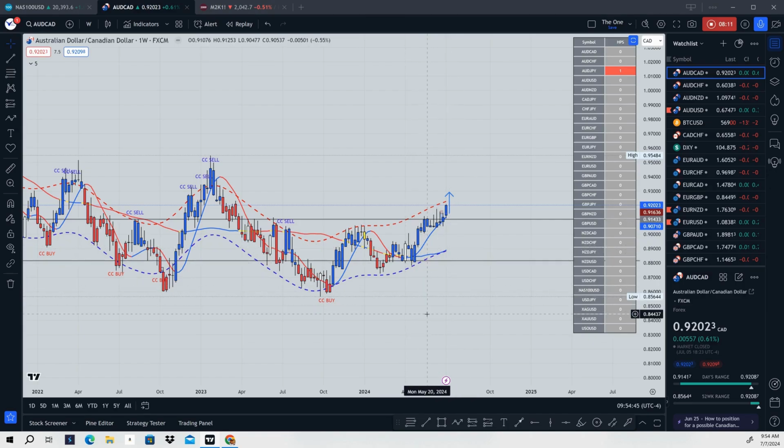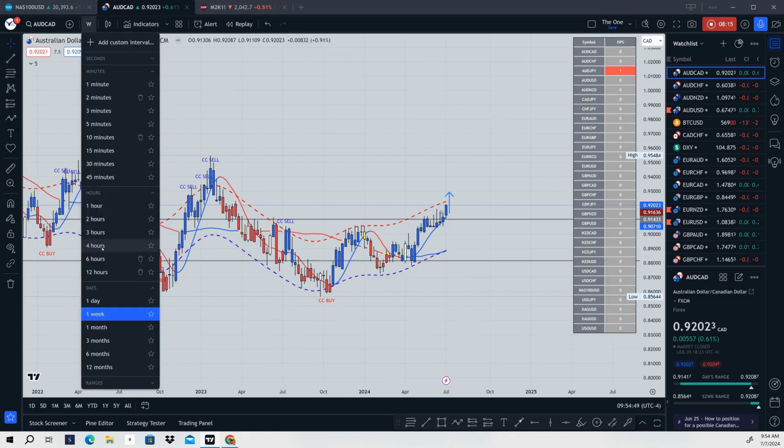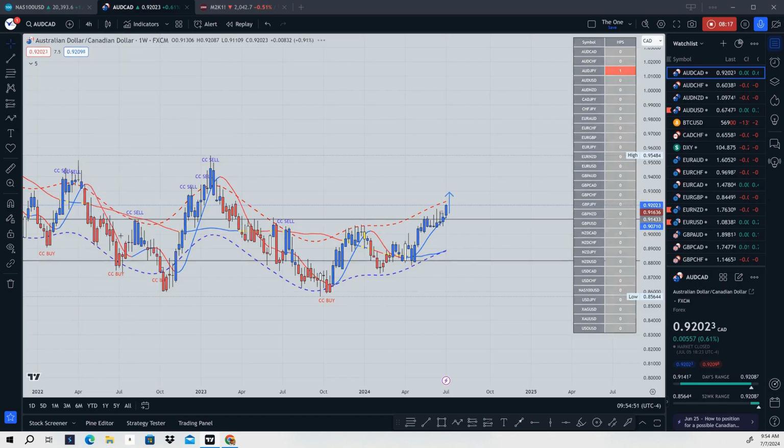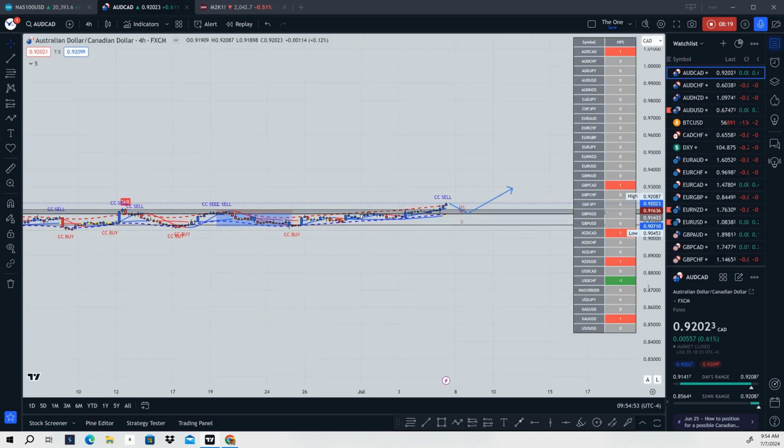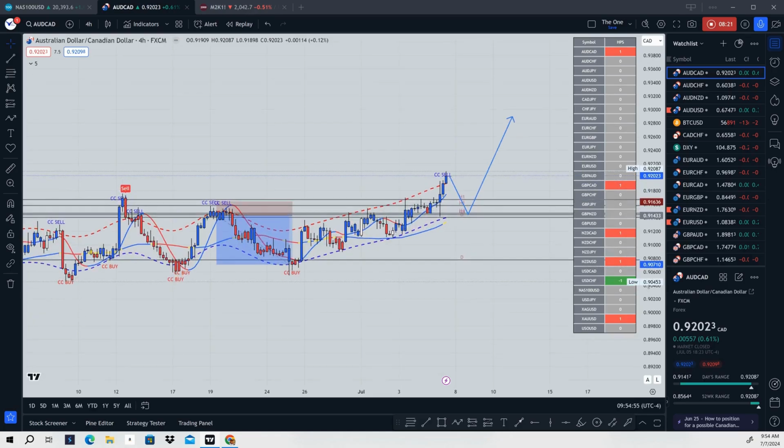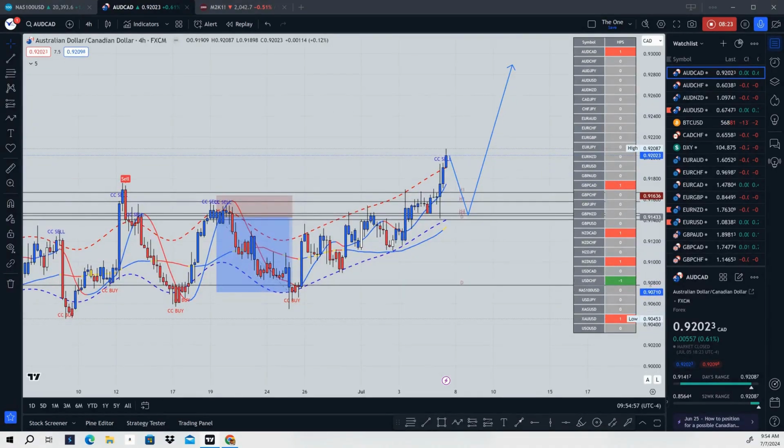So the weekly is bullish, the daily is bullish, the 4 hour is bullish. We're just going to get a slight pullback on the 4 hour time frame on AUD CAD for price to eventually go higher. Okay. All we have to do is be patient and wait to trade in the direction of whatever higher time frame we decide to go with.